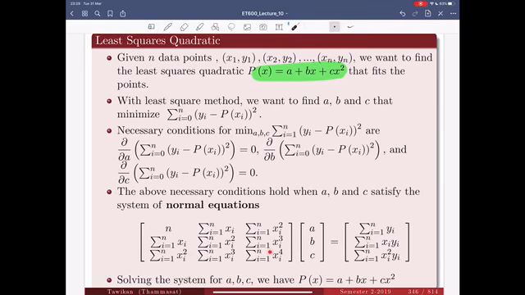That system of normal equations consists of 3 equations and 3 unknowns, and the 3 unknowns are a, b, and c. From the coefficient matrix, we need columns in our table that give us summation of xi squared, summation of xi cubed, all the way to summation of xi to the power 4.